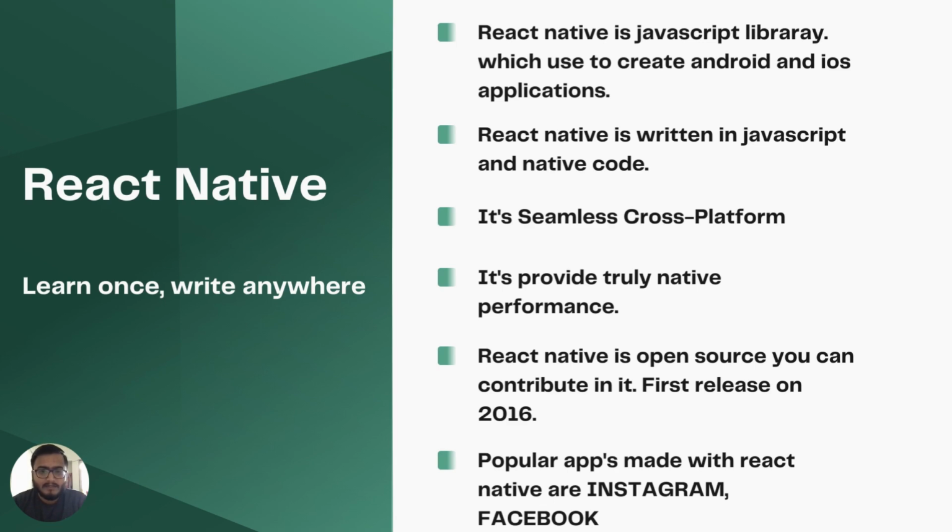React Native is written in JavaScript and native code. So if you want to write any custom code, like for Swift or Android, you can also write your own native code.